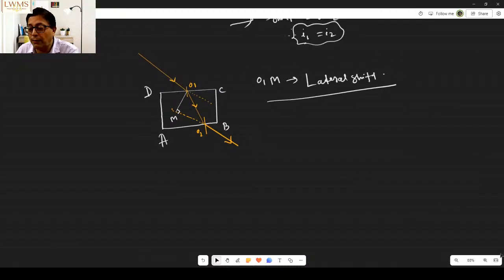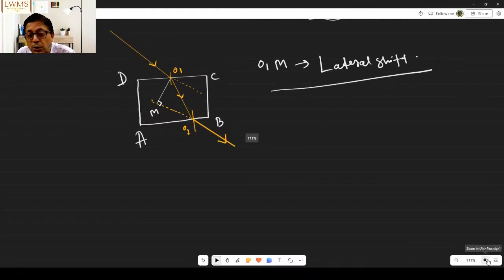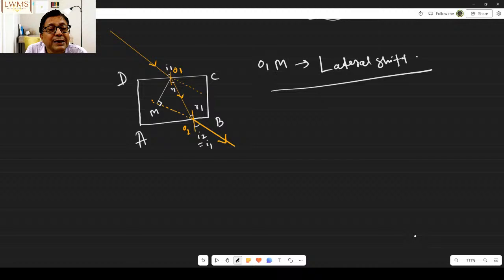I mean the value of O1m we are going to calculate. So this one we have taken I1. In the previous diagram, this one we have taken R1. This is also R1 and this is I2. I2 is equal to I1.